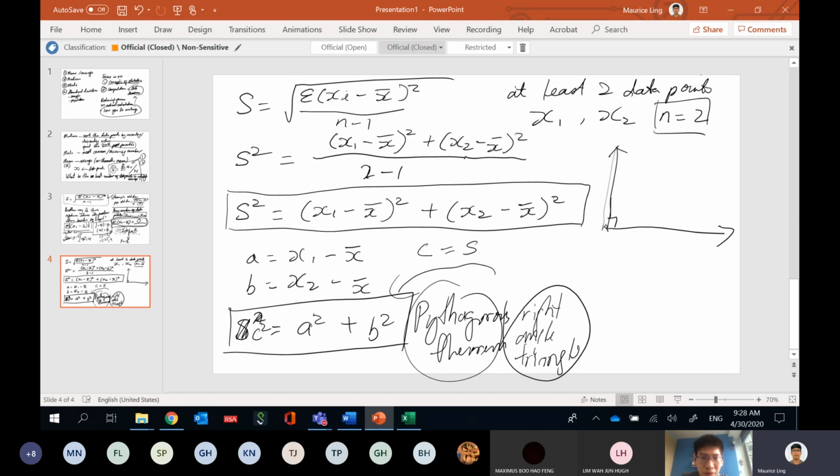That is why all your graphs can be right angle triangles. Otherwise, you end up drawing graphs that look like this, and everyone will have a different angle. Because we force Pythagoras theorem into this equation, all graphs become right angle triangles.